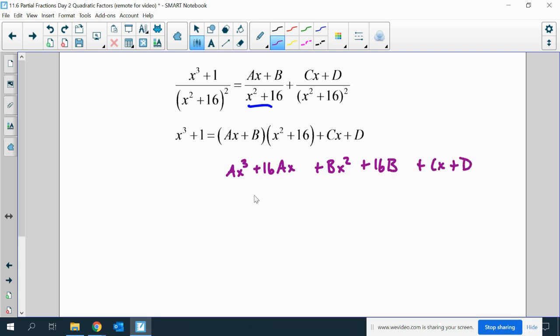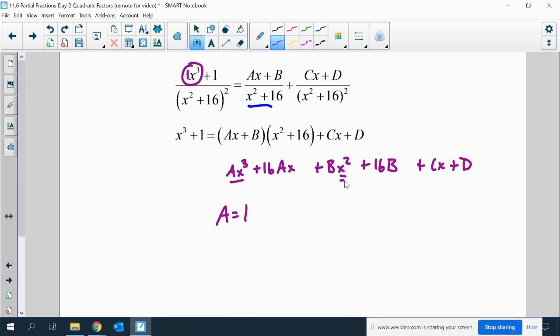And then what I do is I start looking for all these things that I need to have. So if you look at this, a must equal 0 because it's the only x cubed. Actually, a must equal 1. Reading is a skill. So notice that I have 1x cubed up here, so a must equal 1.